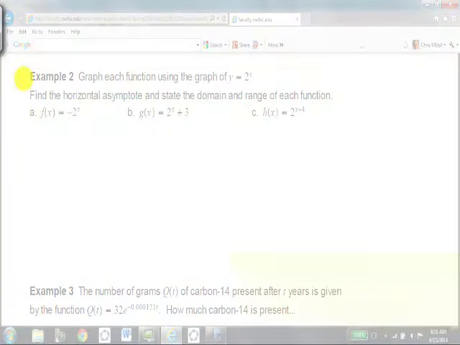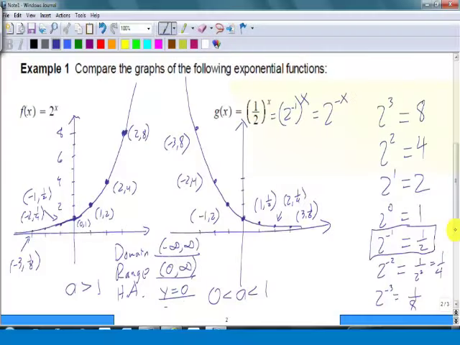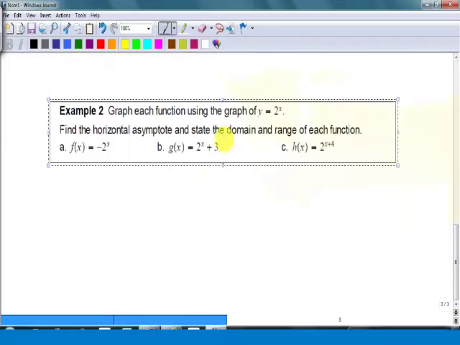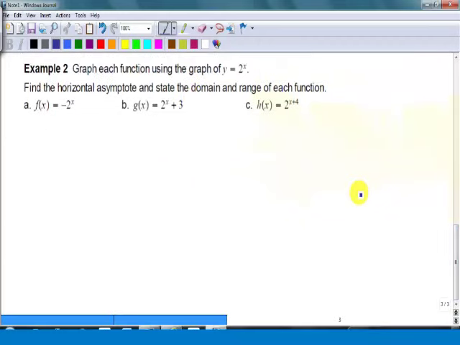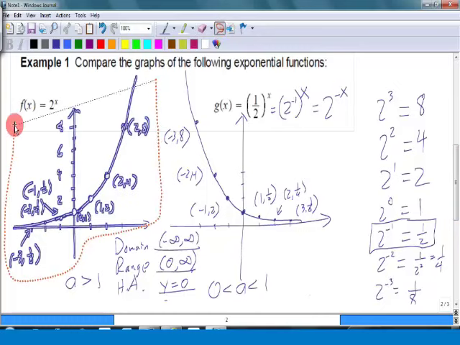Example 2. Again, section 2.7. Transformations. Want to begin with the graph. I suppose if we'd like it to be a little cleaner and neater, I could capture as much of this as I can.